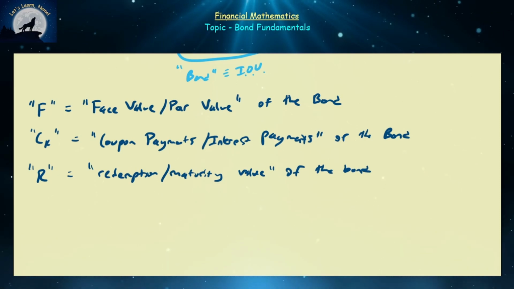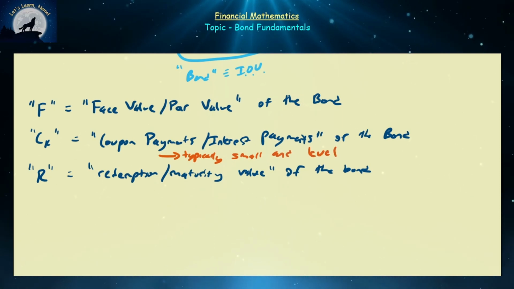Okay. Now, a couple clarifications that are common in bond structures. The coupon payments are typically small and level, so almost like an annuity immediate or an annuity due, and they're usually small, like $5 compared to $5 billion.